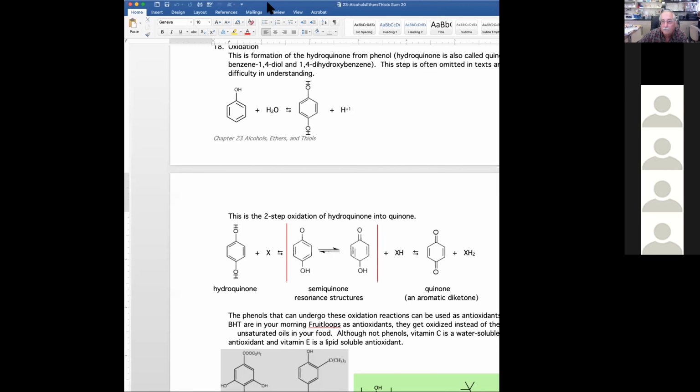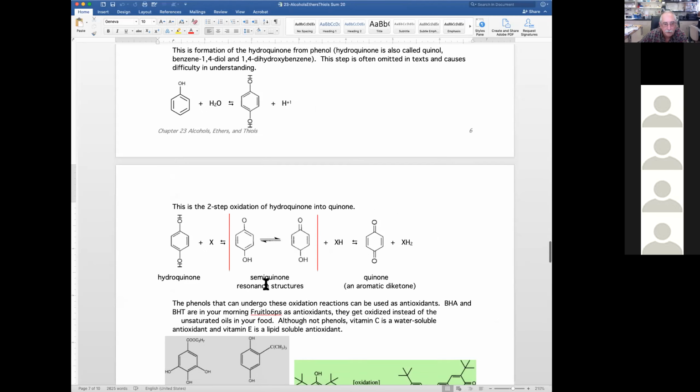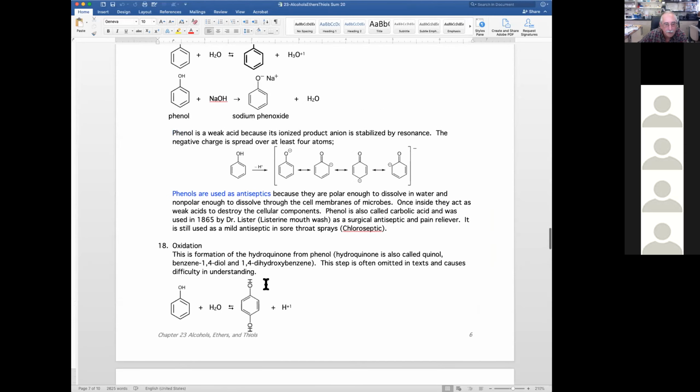So if we look at, I can find my screen share button, should be put somewhere else. My windows are all on top of each other.